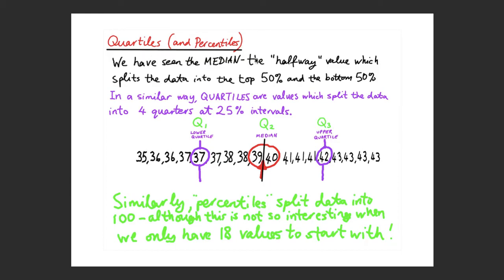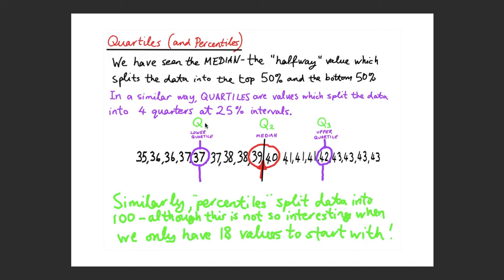We've seen the median, the halfway value which splits the data into the top 50% and the bottom 50%, the middle value in other words. In a similar way, we've got quartiles, which are three values that split the data into 4 quarters at 25% intervals. So you've got the bottom 25%, the next 25%, the next 25%, and the next 25%.